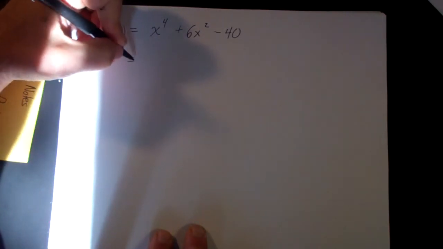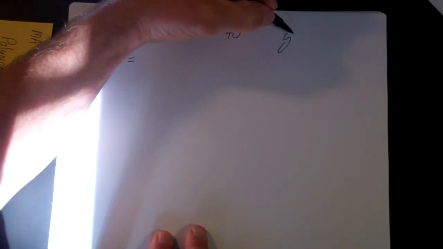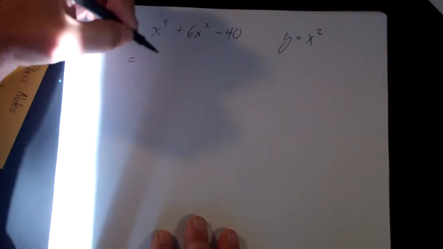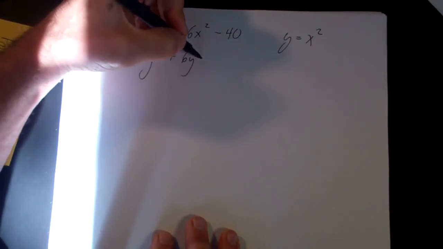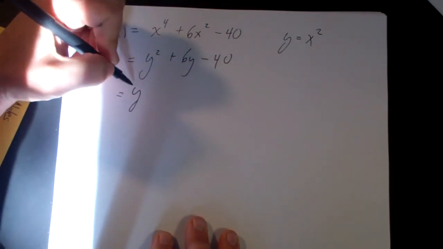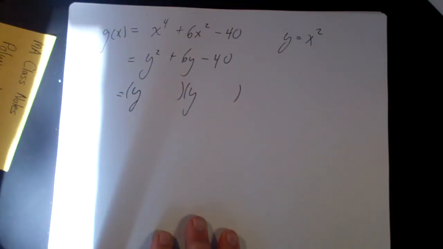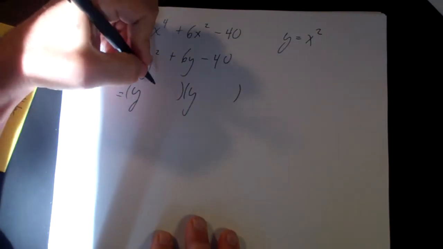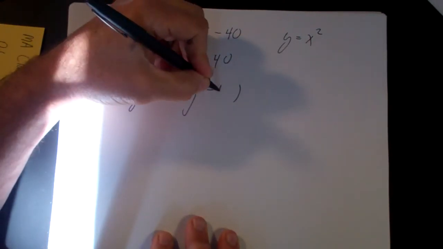Well, first I need to factor that, and that factors if I substitute in y is equal to x squared. I get y squared plus 6y minus 40, and this becomes a simple factoring problem. I think it's a positive 10 and a negative 4.